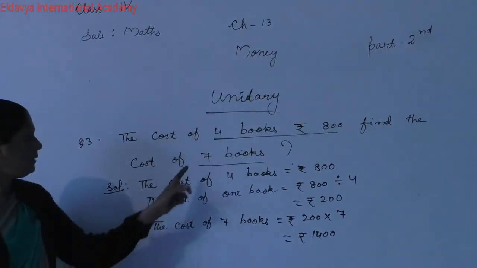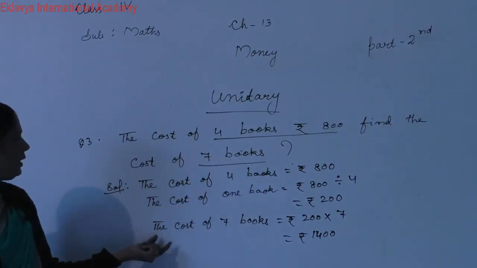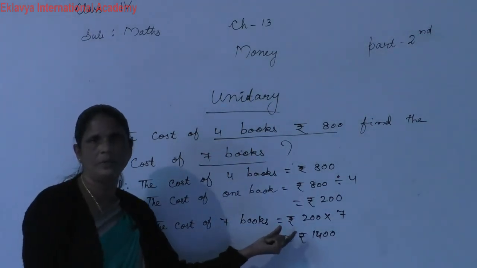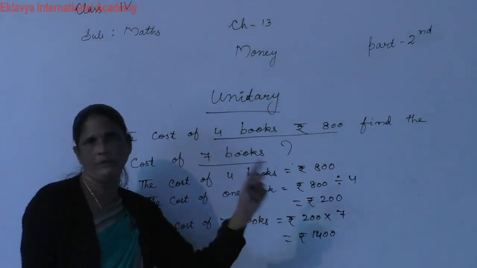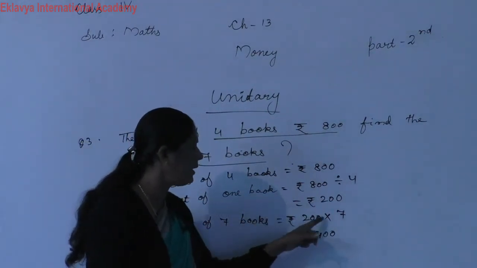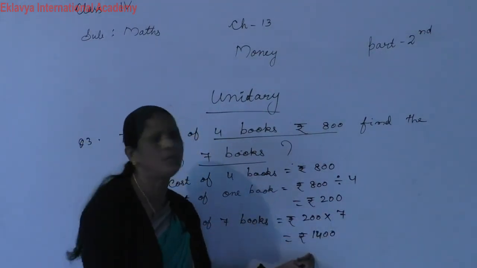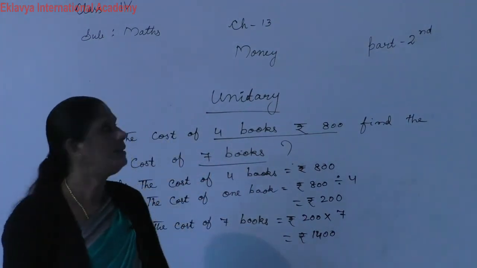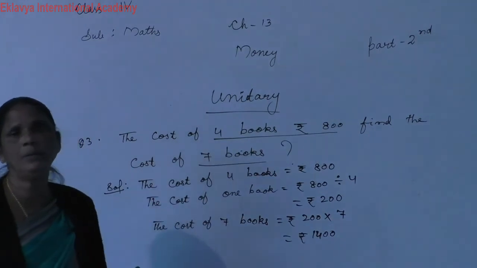Next statement: the cost of 7 books is rupees 200 multiply 7, equal to 1400. Okay, this is the unitary method.